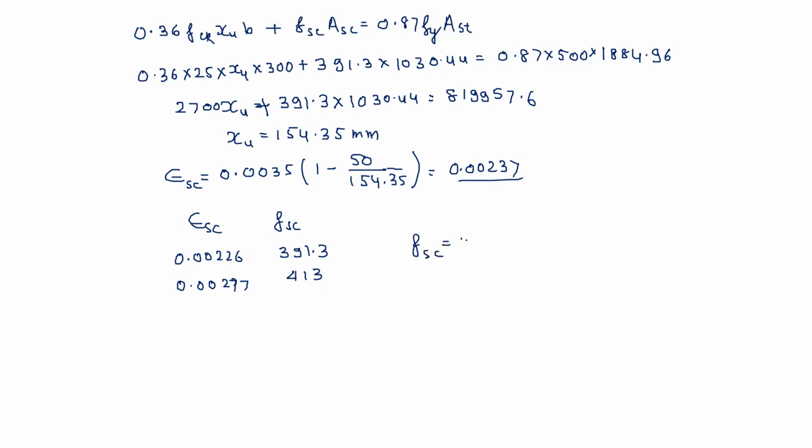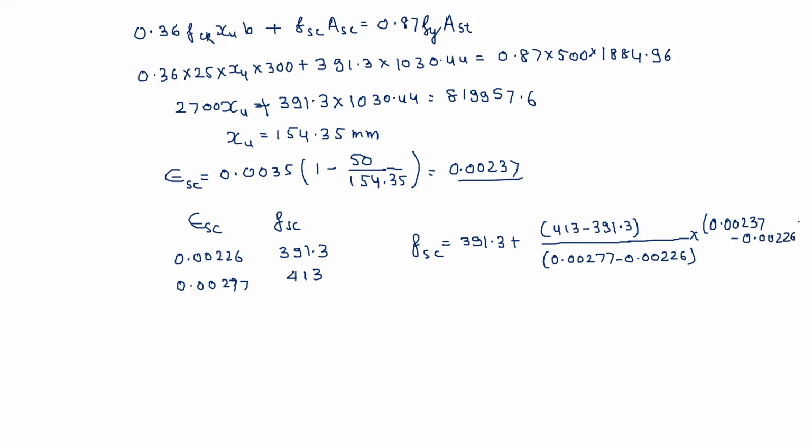So we get FSC equal to 391.3 plus (413 minus 391.3) divided by (0.00277 minus 0.00226) multiplied by (0.00237 minus 0.00226). Calculating this, we get the value of FSC as 395.98 Newton per mm square.